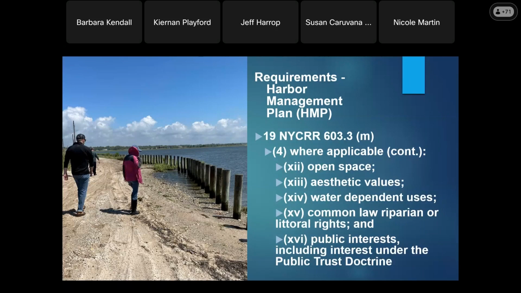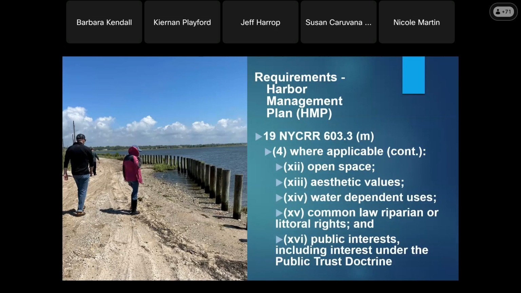Finally, I think we're almost at the end here. On this slide are issues that we've already touched on this morning for the LWRP as a whole, but are mentioned under the harbor management regs. Open space should be discussed where existing land use, public access, and habitat protection are covered in section 2 and in other areas.